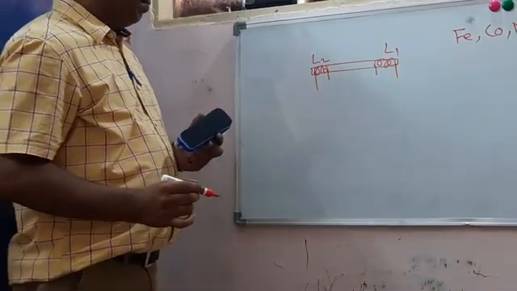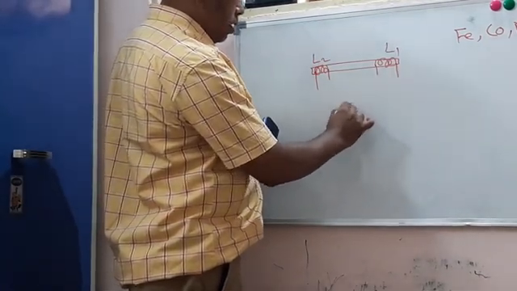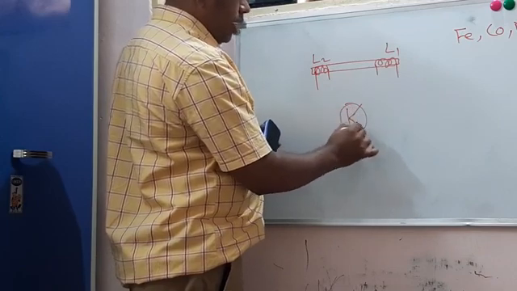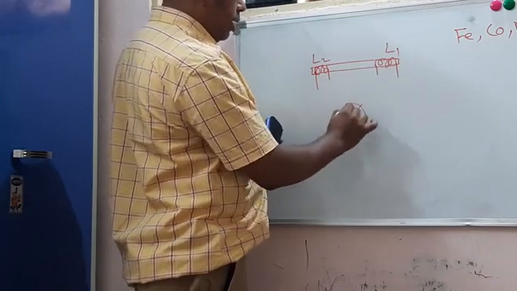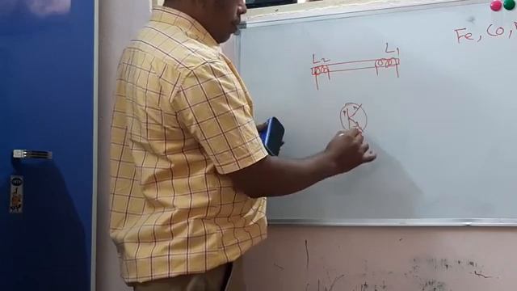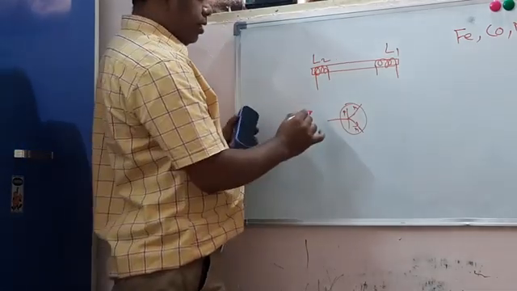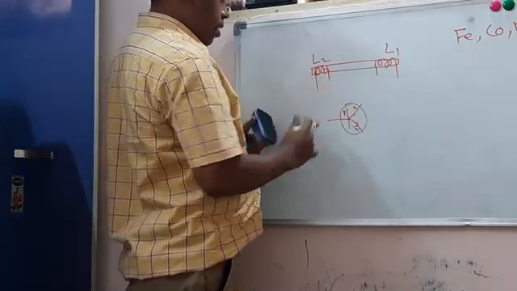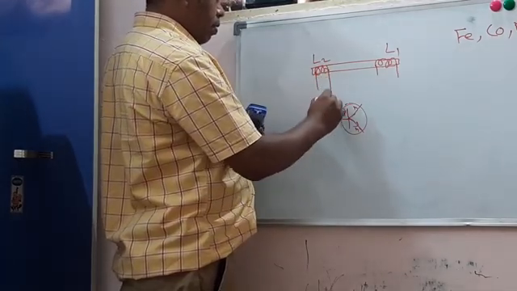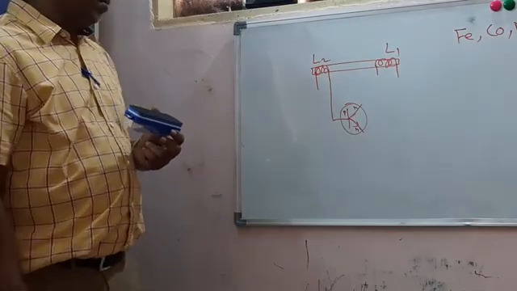And there is an NPN transistor. This is the base terminal of the transistor. The base terminal will be connected to one end of the inductor coil L2.